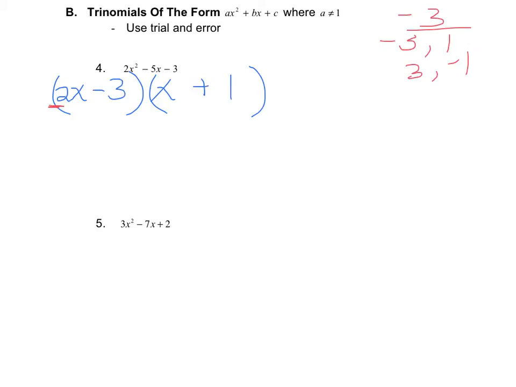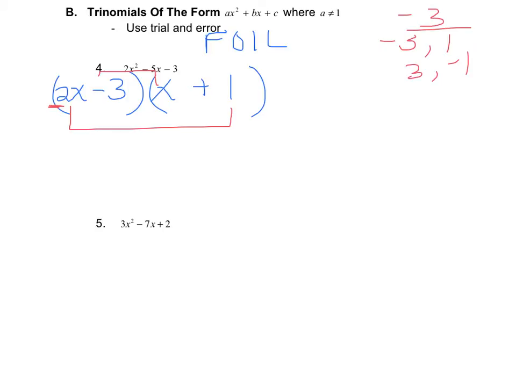Now I do know in FOIL, first, 2x times x is going to give me 2x squared, so I don't even have to bother checking that. And last, negative 3 times a positive 1 is going to give me the negative 3. So really, I just need to find out if I'm going to achieve the negative 5 in the middle. So I only have to check outer and inner, because outer and inner are the two that combine to give me the term in the middle.